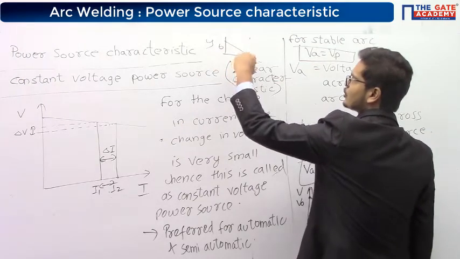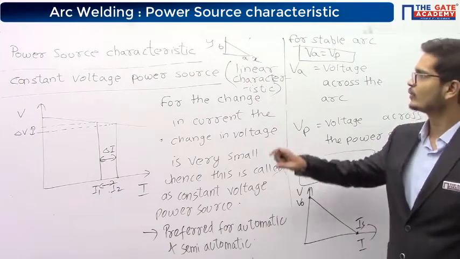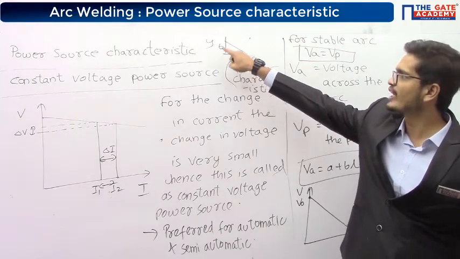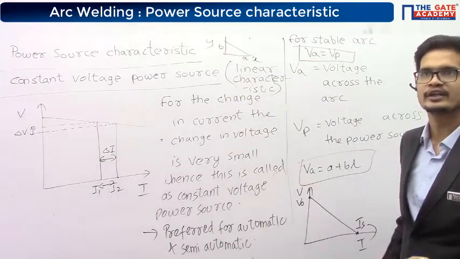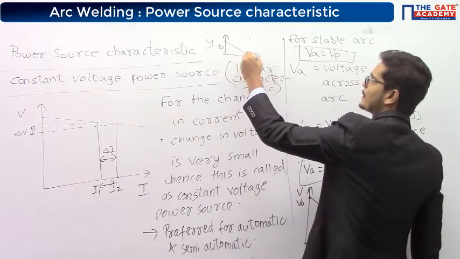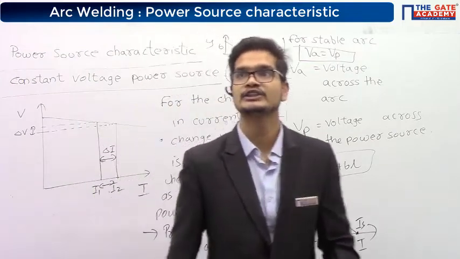Can you tell me the equation of this straight line? Okay, we have x-axis, A is x-intercept, we have y-axis, B is y-intercept. Can you tell me the equation of this straight line? x by A plus y by B is equal to 1.